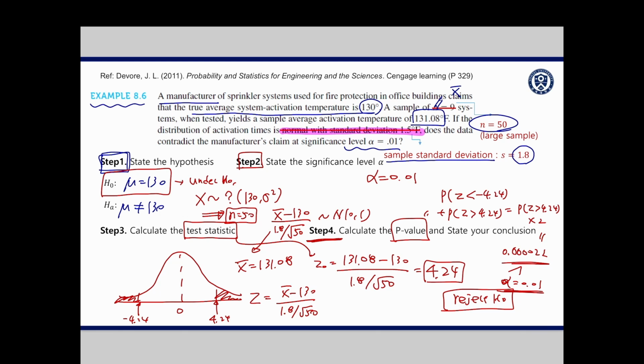So there is no evidence to support the claim made by this manufacturer company that the average system activation temperature is 130, under the given significance level 0.01. Reject. In other words, we can accept the alternative hypothesis.